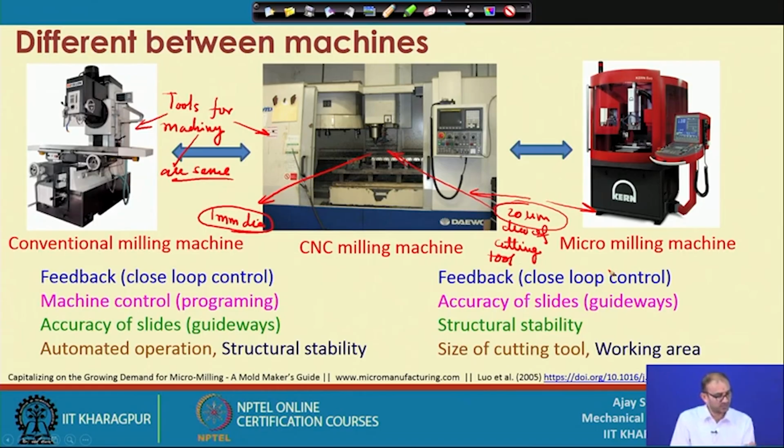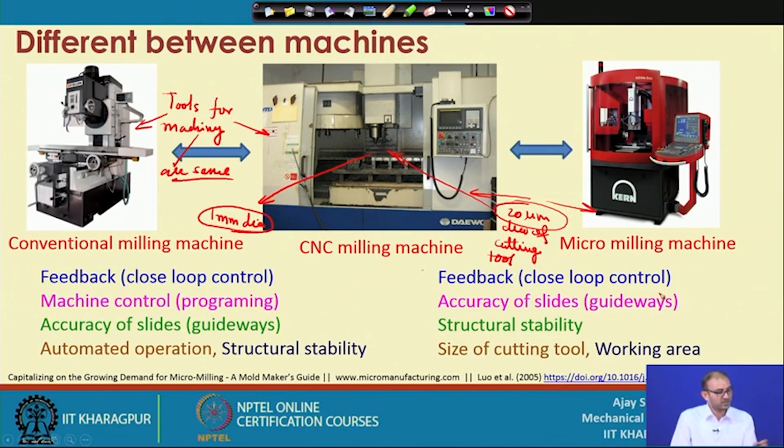But in the CNC milling machine and the conventional milling machine, you have a very large size of component, and you can easily get machining done with the required geometrical specification. But here the size and dimension of the components are very, very small, and we have to create very tight control between the structural stability, the accuracy of the slides and the feedback controller.